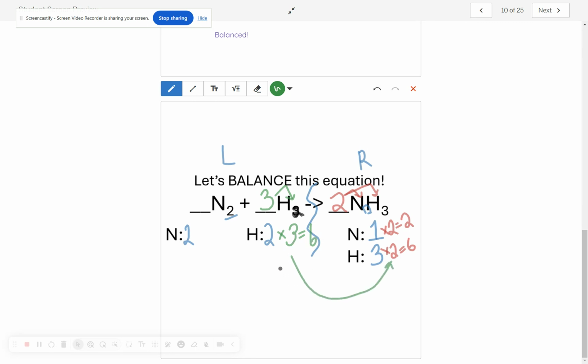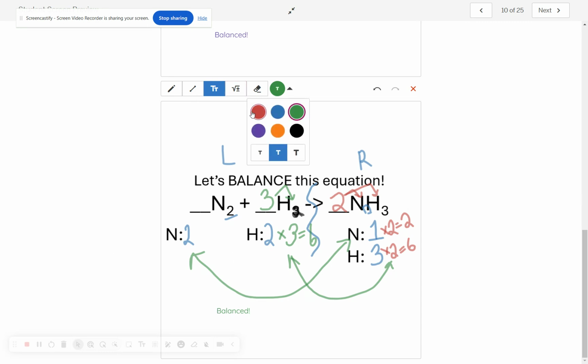I have 6 and 6 hydrogen. I have 2 and 2 nitrogen. So we are done. And again, if you need to mark off that you completed it and it helps you, go ahead and put in a 1. And that is all you need to do to balance as you are working your way through these.